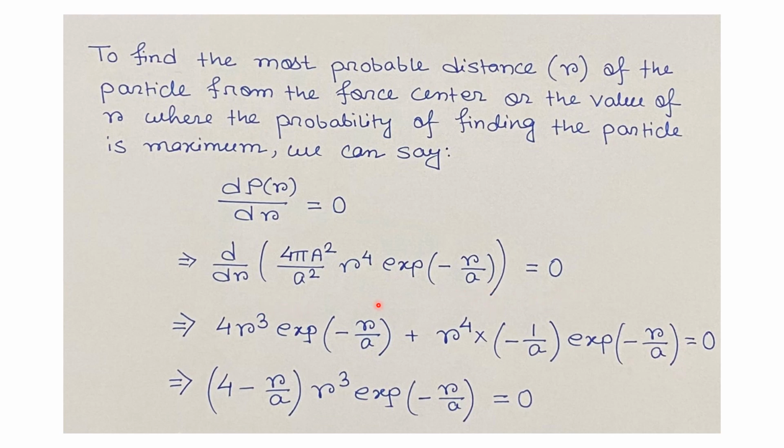So if we do the derivatives, we'll get 4r cube times exponential of minus r by a plus r to the power 4 times minus 1 by a times exponential of minus r by a, that is equal to 0. So we can do a little rearrangement here. So we'll get 4 minus r by a times r cube times exponential of minus r by a equals 0.